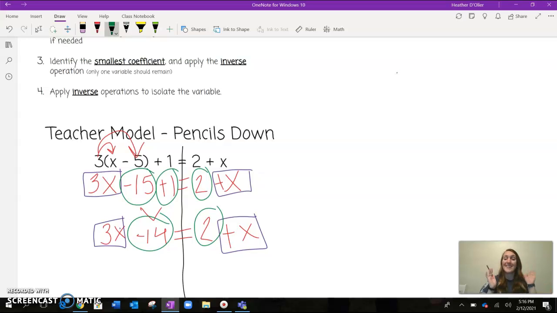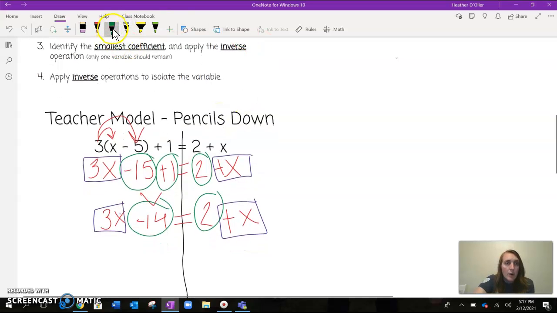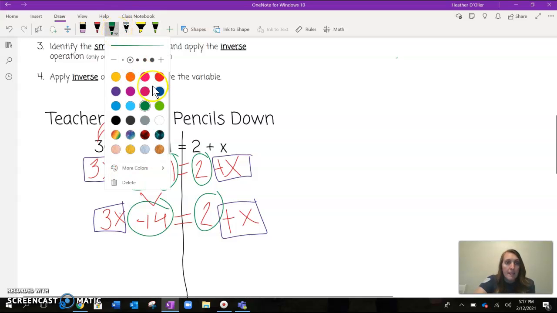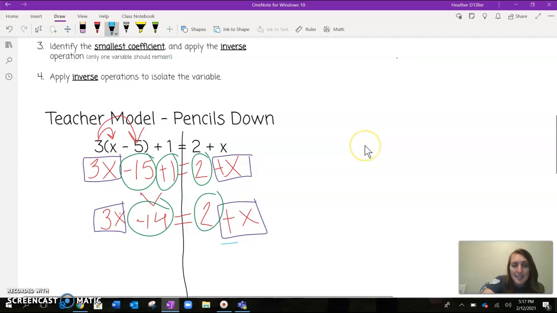All right, now I can go to my next step, which is right up here. So identify the smallest coefficient, remember, that number in front of the variable, and apply the inverse operation so that one variable remains. Okay, so 3x or positive x, well, x is smaller than 3, so I'm going to subtract x from both sides.